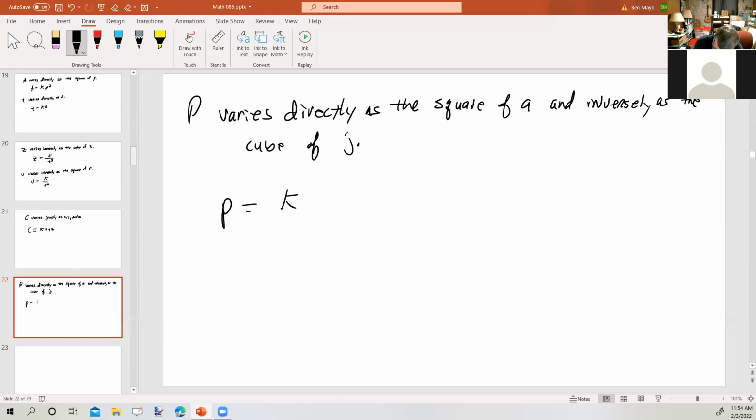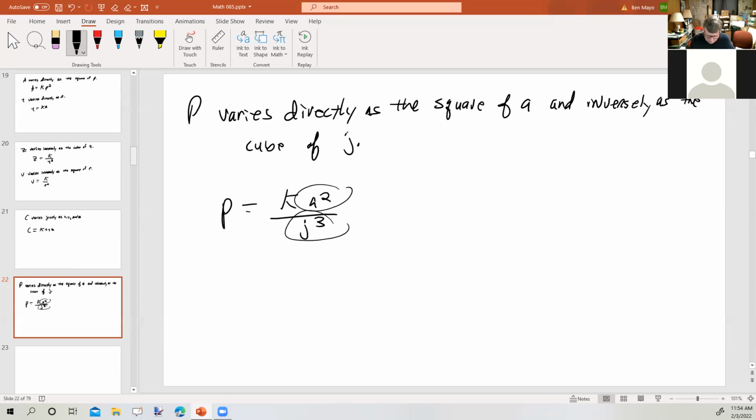P equals K A squared over J cubed. Okay with that? So we've got the direct variation and the inverse variation together in the formula.